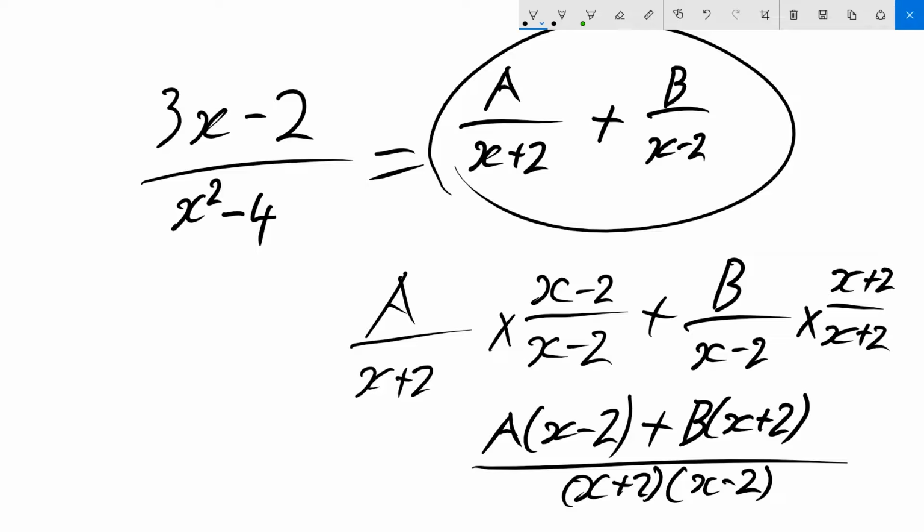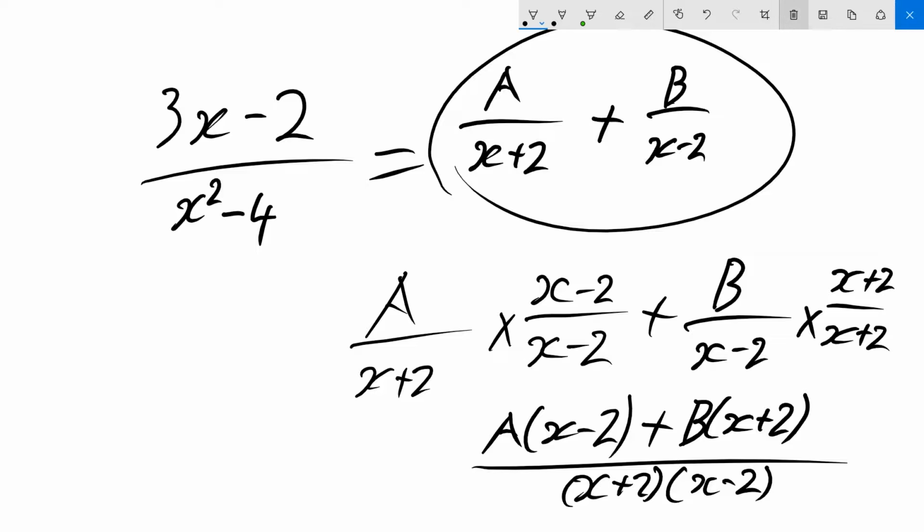So what we do now is we let a and b, we do something called equalizing, what's it called? Equating the numerators.